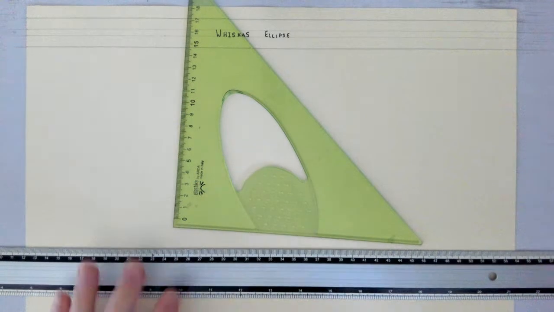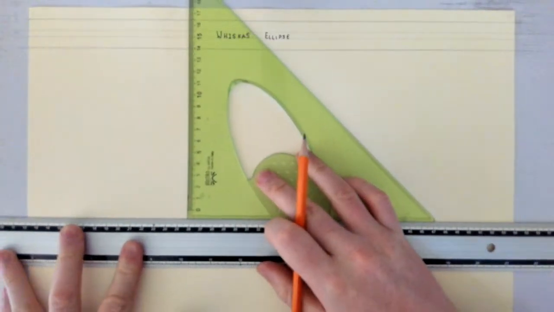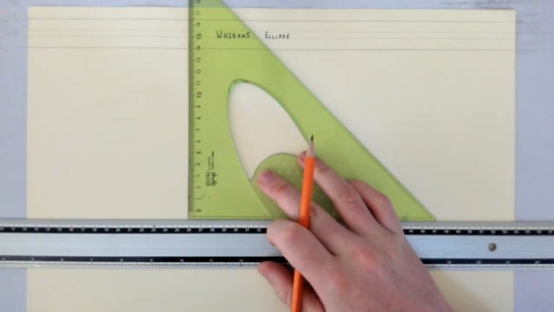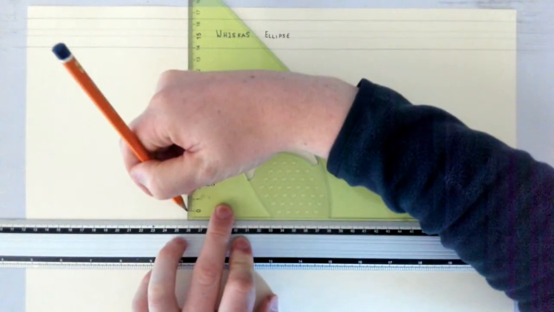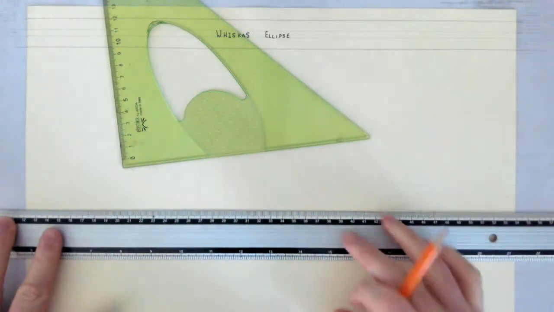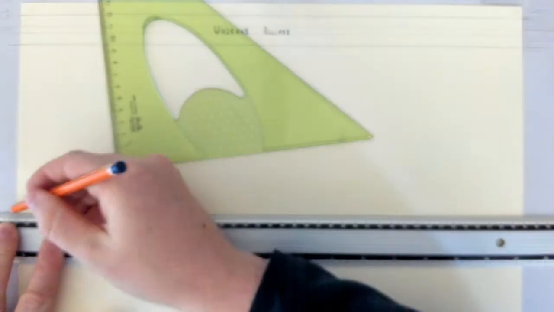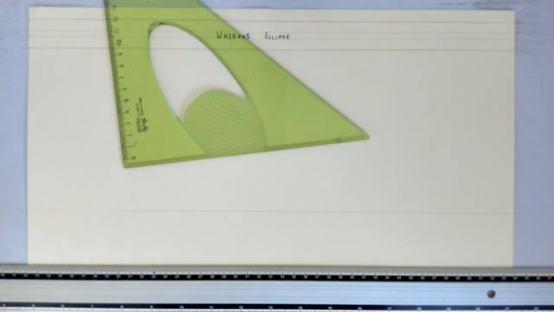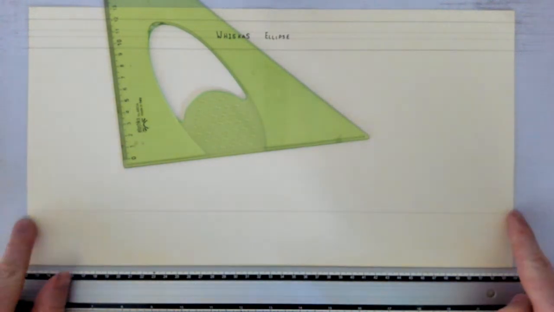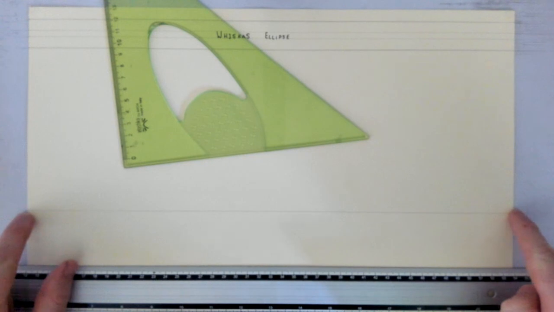So I'm going to draw my border, and I'm going to measure down 140 mil from the border, and I'm going to draw a construction line across the page. Okay, the overall width of my page here is 420 mil.